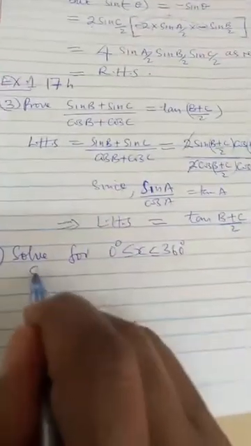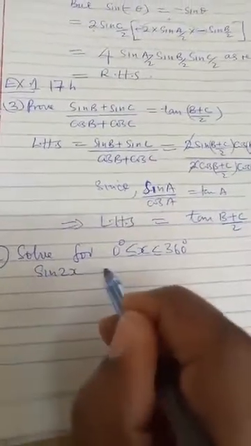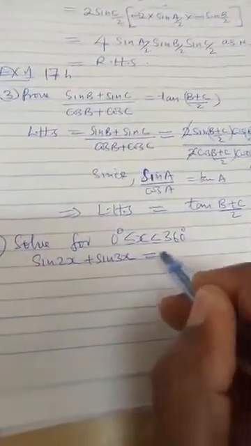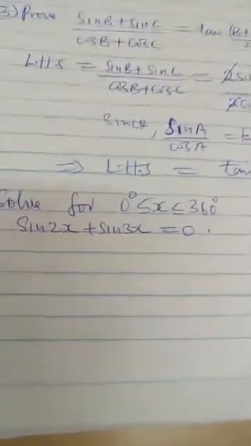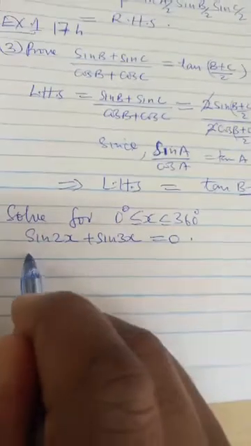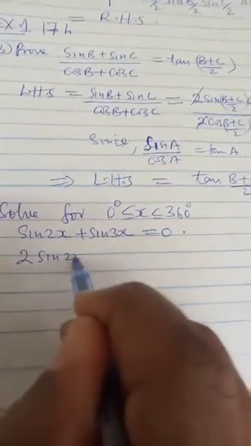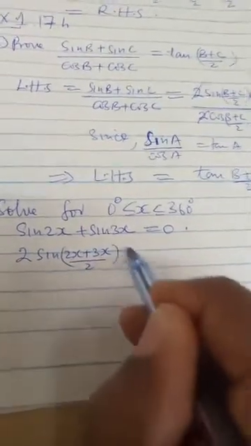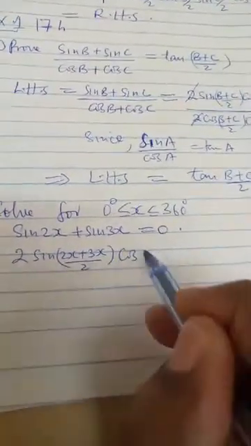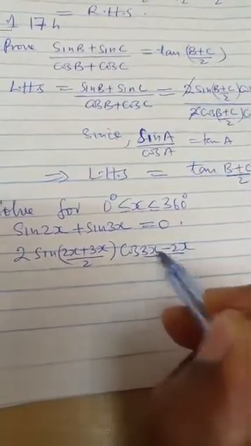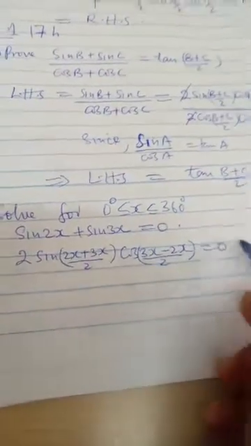And they give us the sine of 2x plus the sine of 3x is equal to 0. They want us to solve. Sine plus sine is 2 sine cos, so we shall get this as 2 the sine of (2x plus 3x) over 2, the cos of (3x minus 2x) over 2 is equal to 0.